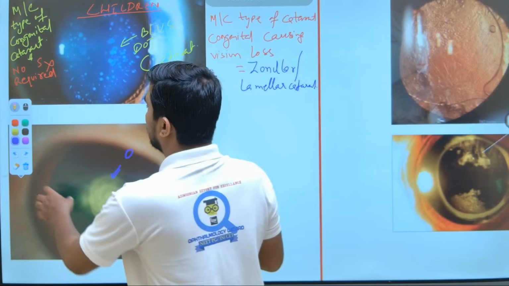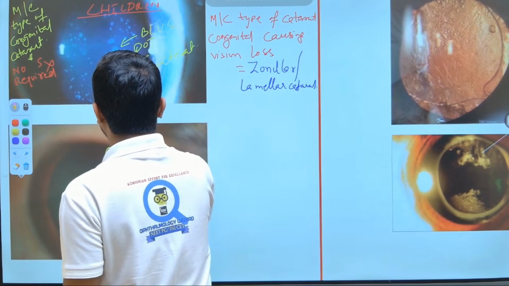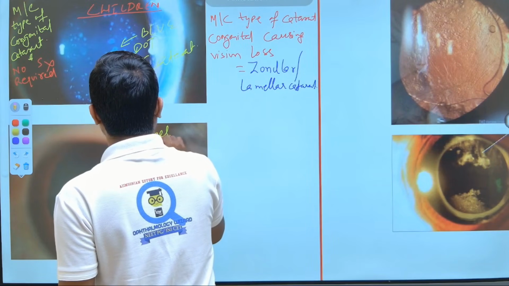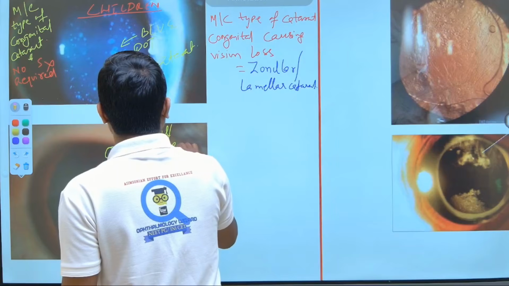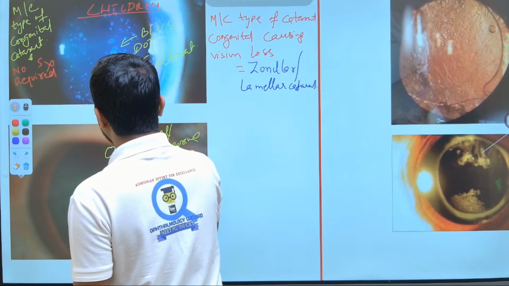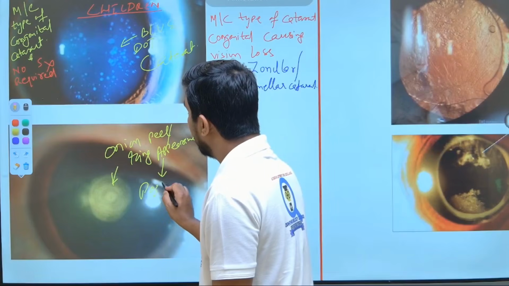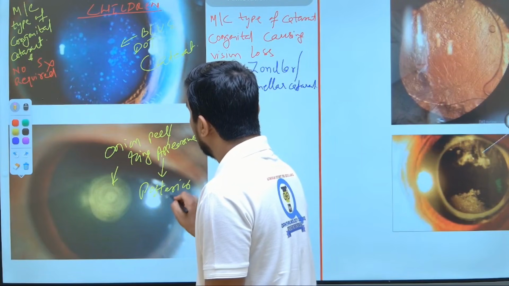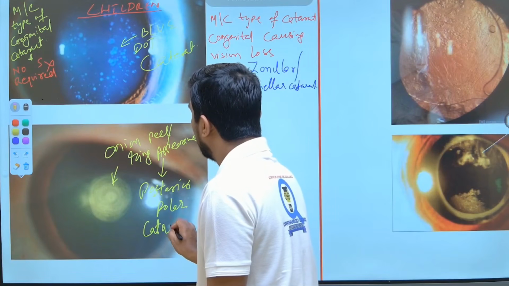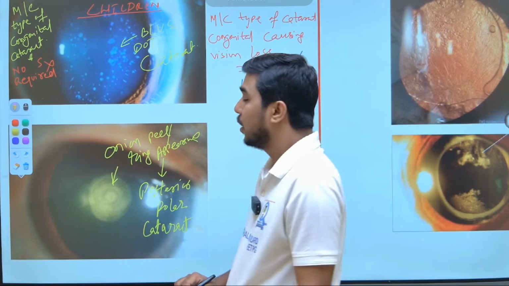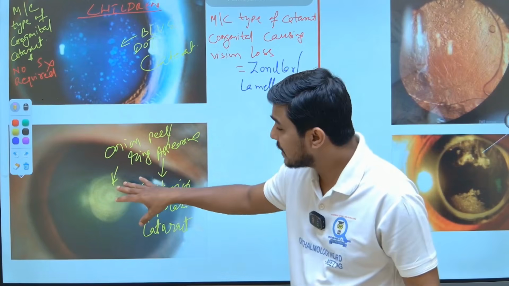Onion peel or ring appearance is seen in posterior polar cataract, the cataract at the posterior pole, which appears like this.